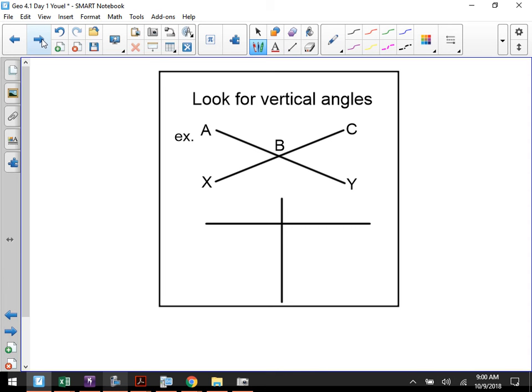Angles into our proof progression sheet. Reminder, you're going to be able to use these on quizzes and tests and homework. So make sure that you get this down because it's going to act as a good safety net for you guys, so that when you're working on proofs, you remember which properties you can use to prove that things are congruent. Okay? So there you have a diagram of vertical angles.